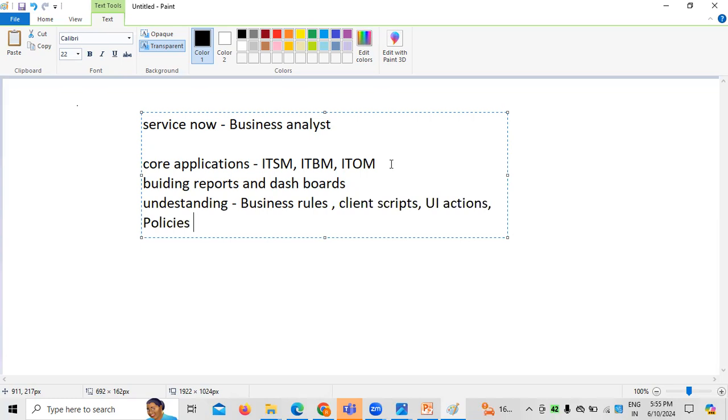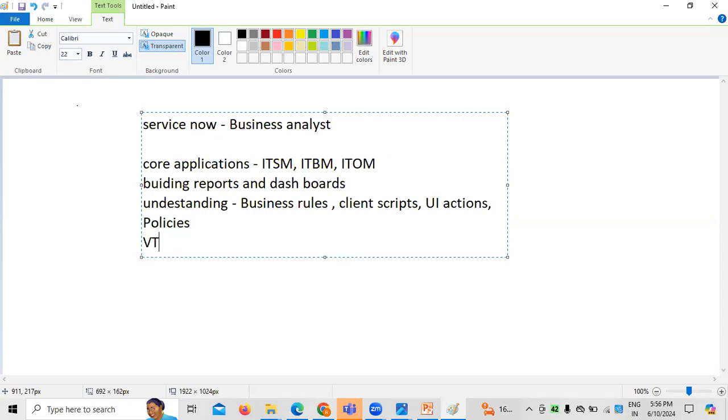It's not only about user interface actions and policies, of course, but even data policies were also required. So these are the major areas. Being a business analyst in ServiceNow, one must be good with all these business rules. This is one of the key and important elements we need to be good with.